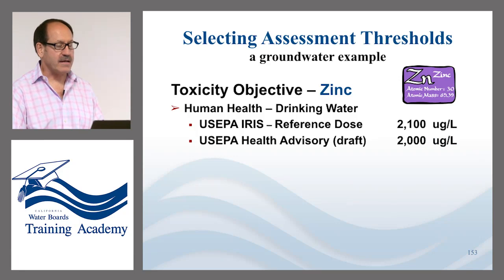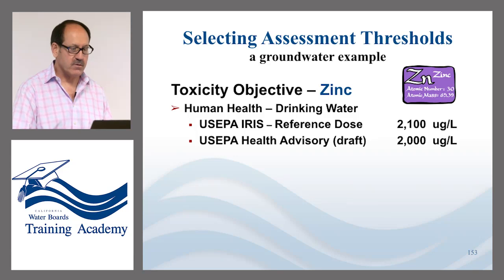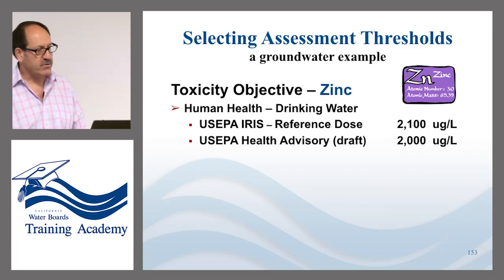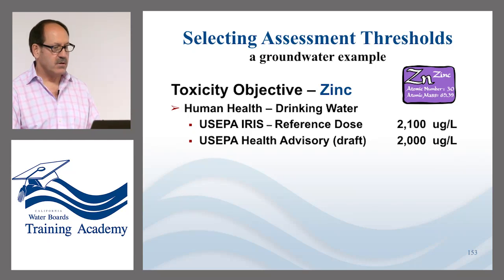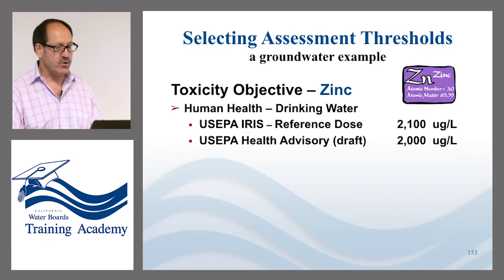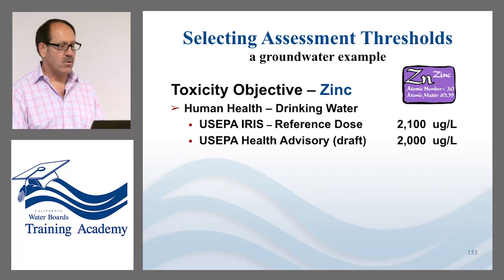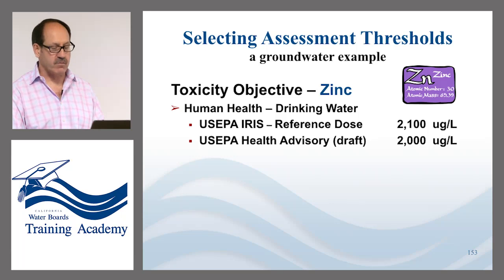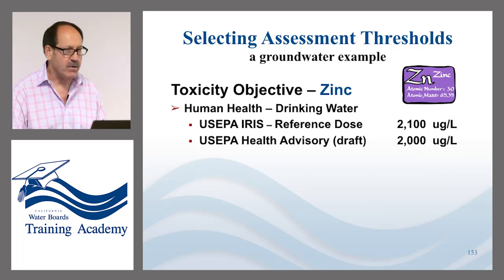All right, let's look next at the toxicity objective. So for human health, drinking water exposure, we find in the database 2 different thresholds, one from EPA's Integrated Risk Information System as a reference dose, and also an EPA health advisory marked draft.